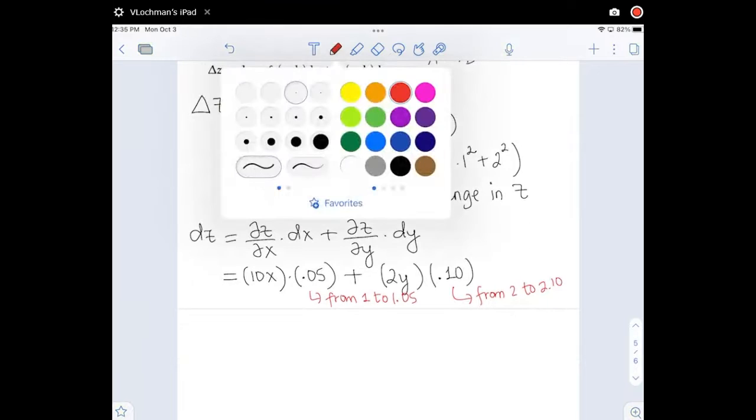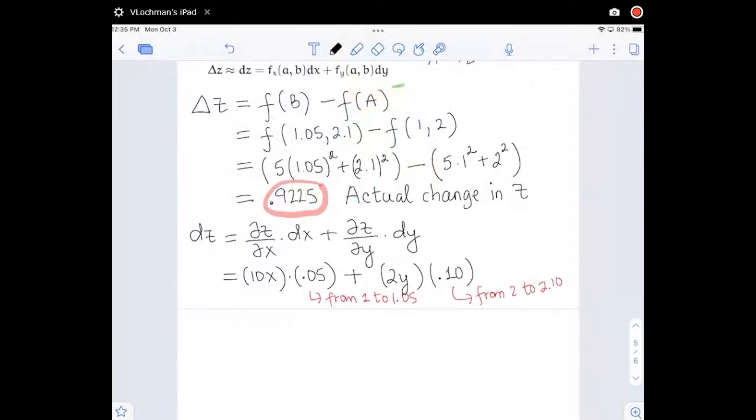Now we can evaluate this expression. We start at what point? (1, 2), so x is equal to 1, y is equal to 2. If I do that, what is my dz? That's going to be 10 times 1 times 0.05, plus 2 times 2 times 0.1.